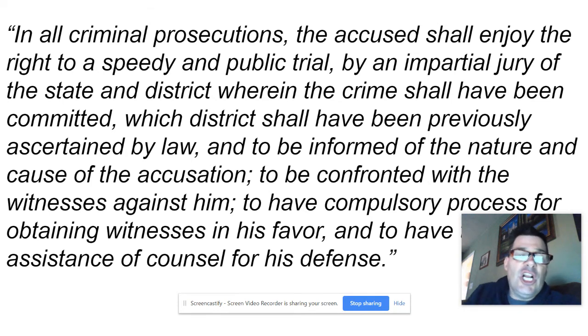They can't secretly say what you're being accused of, and then you never get to confront them. To have compulsory process for obtaining witnesses in your favor. That means you can subpoena people to come be defense witnesses, even if they don't want to. And have the assistance of counsel for defense. Counsel means lawyer. You have a right to a lawyer.